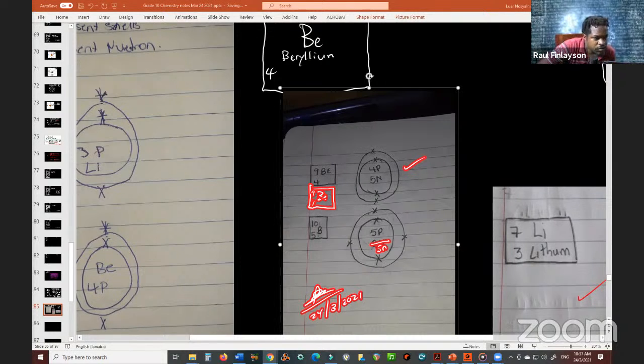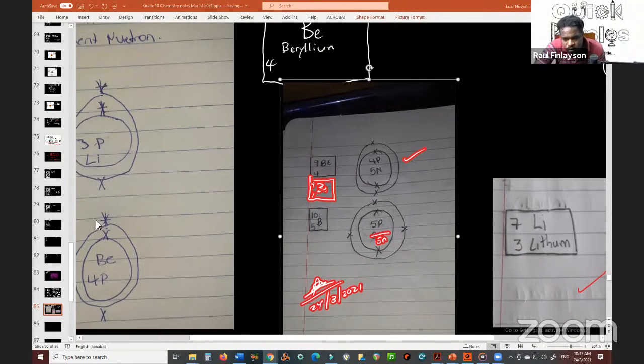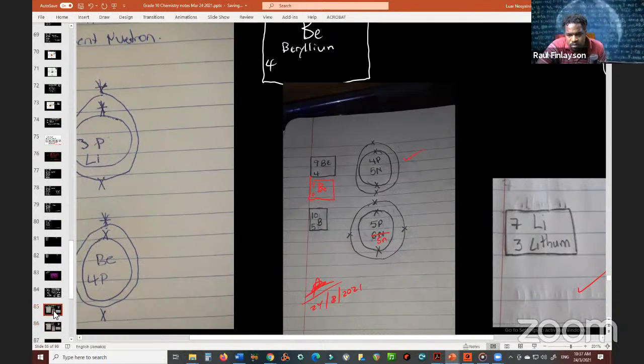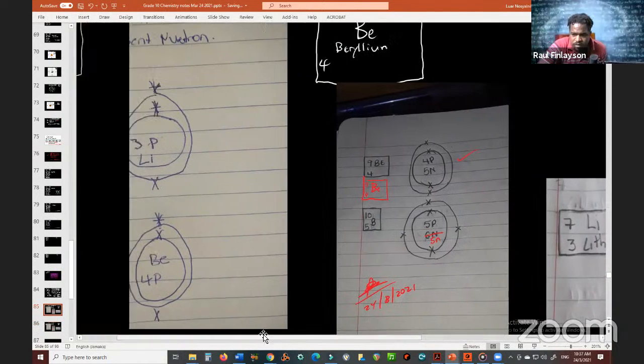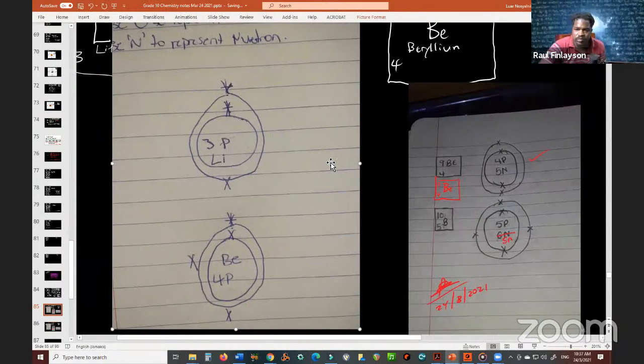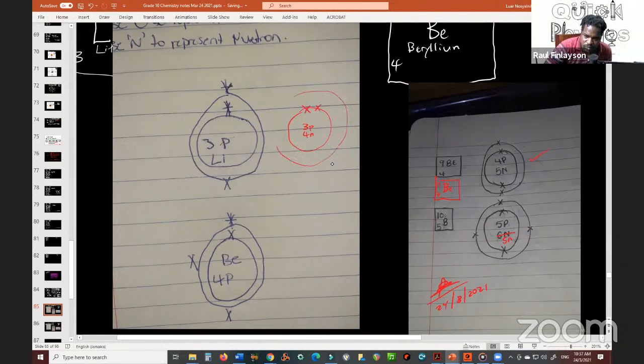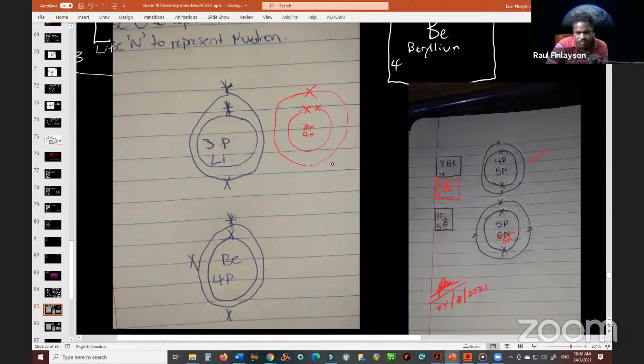All right, so Neon now, you fix up. So let's duplicate this now. Go back to original. All right, so again, neon should look like this. 3P, 4N, 2 on the first, and 1 on the outside. That will be the correction there. All right.